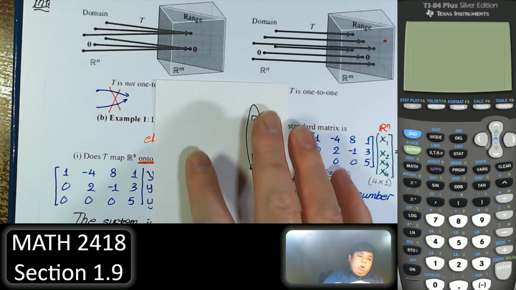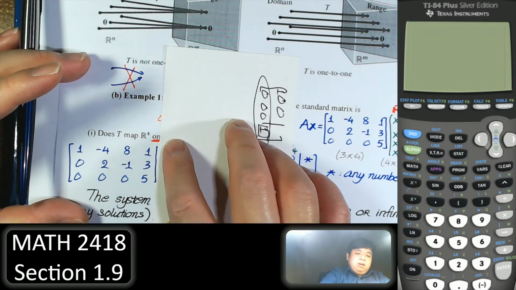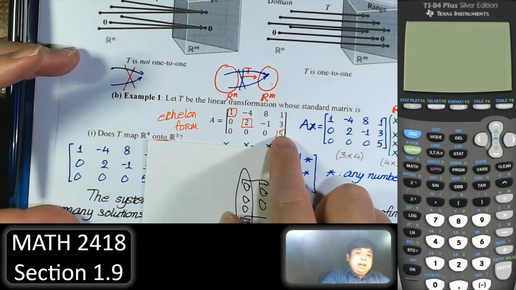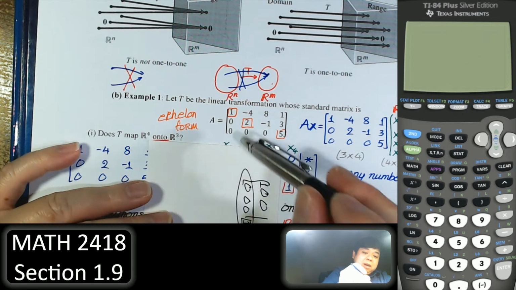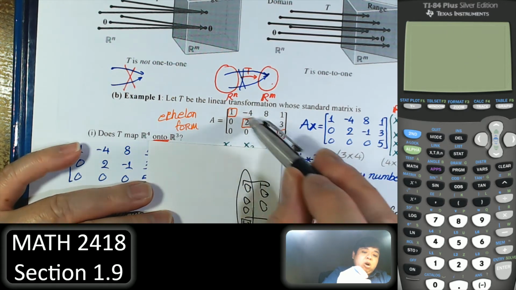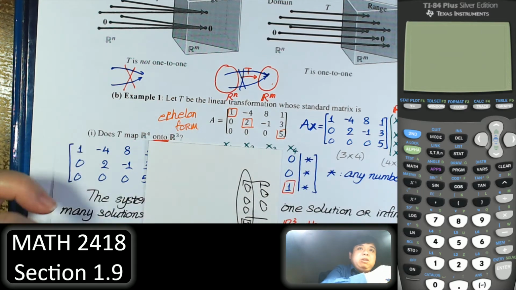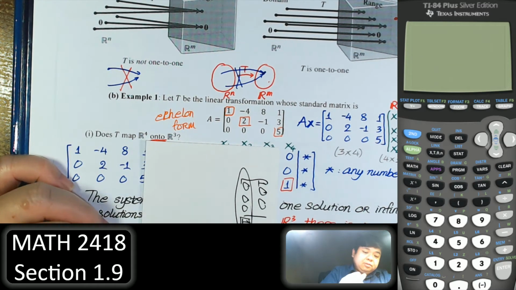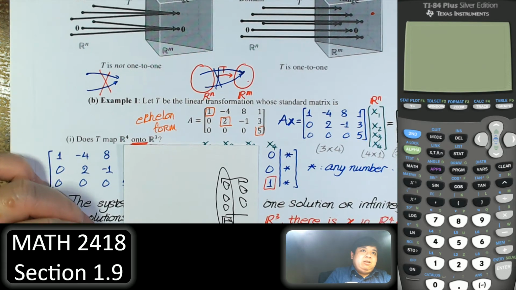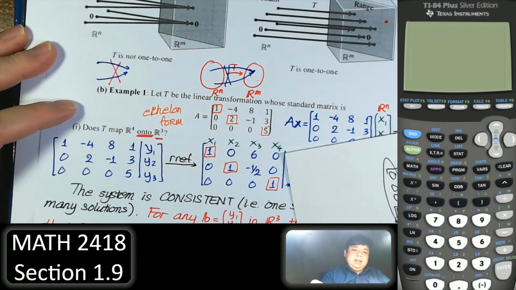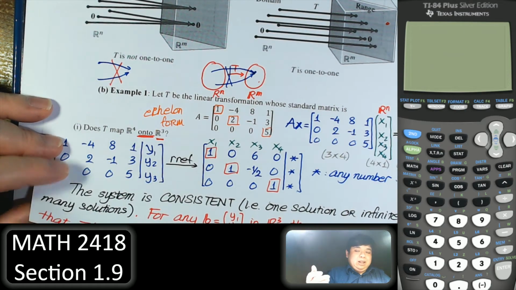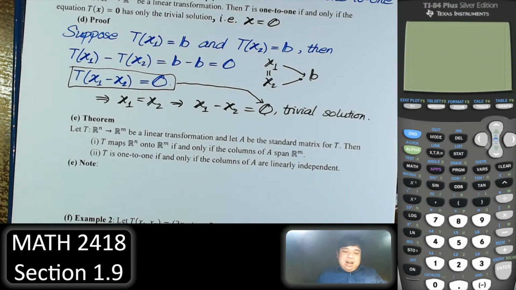Or if we ignore the last column and just focus on the matrix itself, if we have a pivot in every row, then we are guaranteed to have a solution. And if we have a free variable, the solution is not unique. So let's write it out.